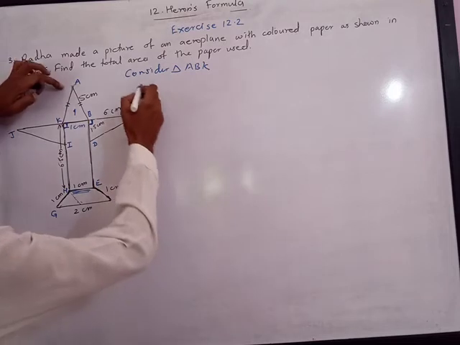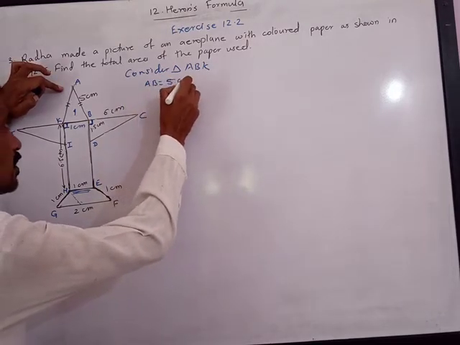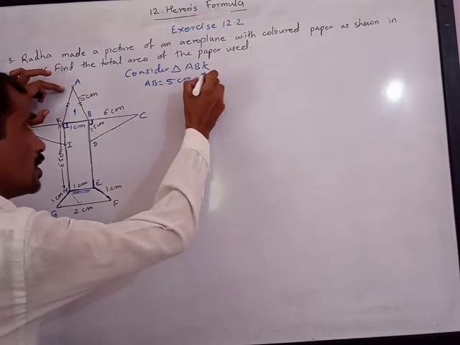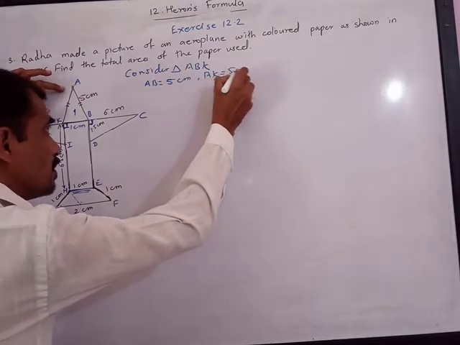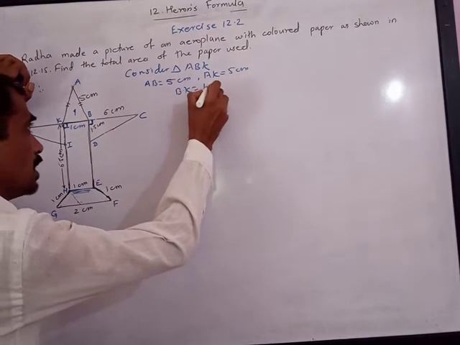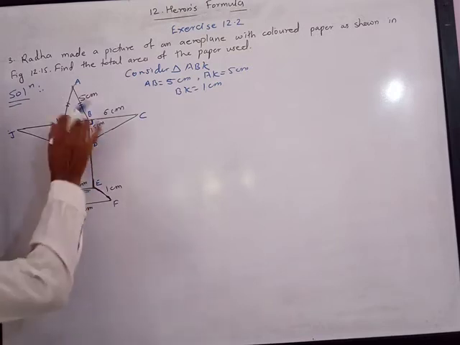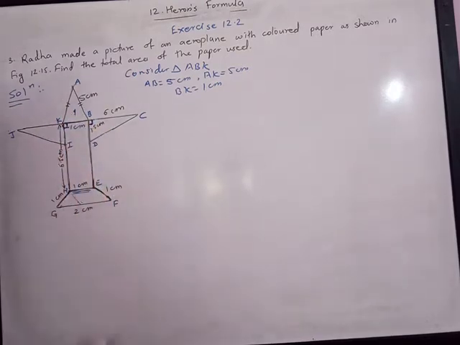In triangle ABK we have AB equal to 5 centimeters. Then AK we are going to consider also as 5 centimeters and BK is equal to 1 centimeter. Please note this is 1 centimeter, so this will also be 1 centimeter. We are going to consider this as a rectangle.